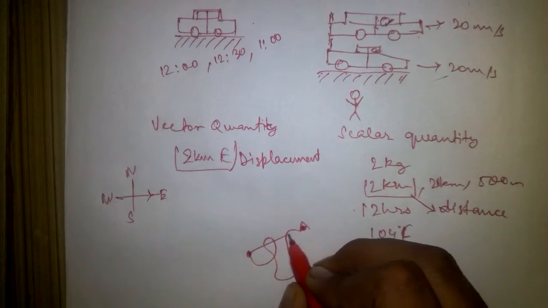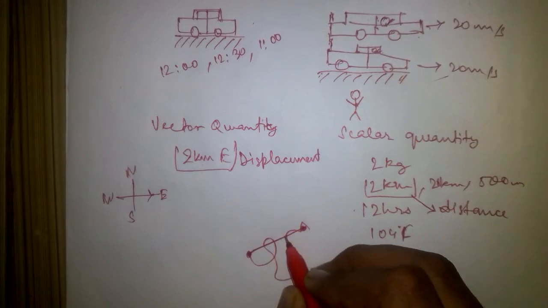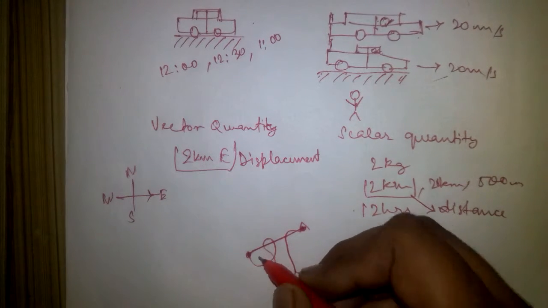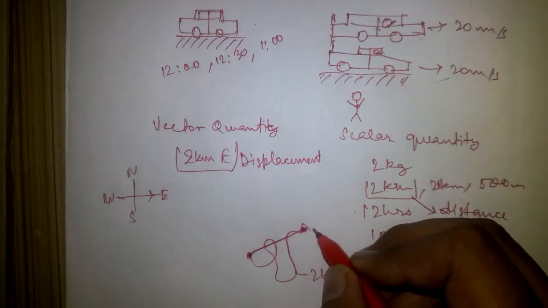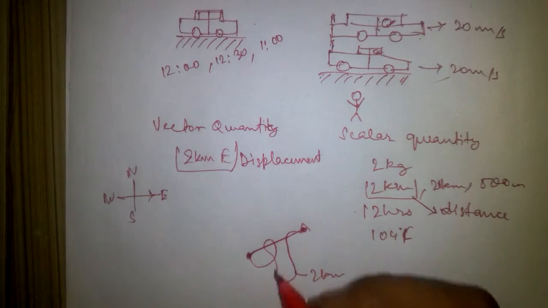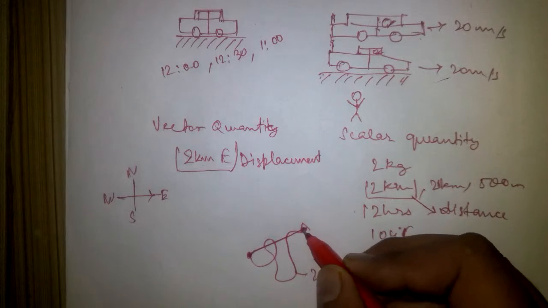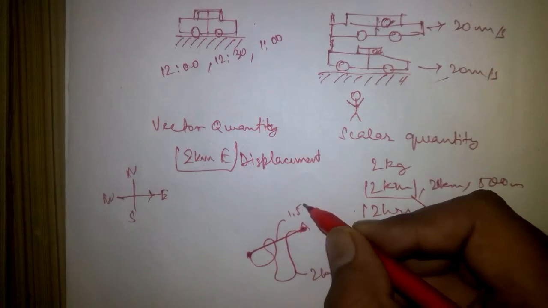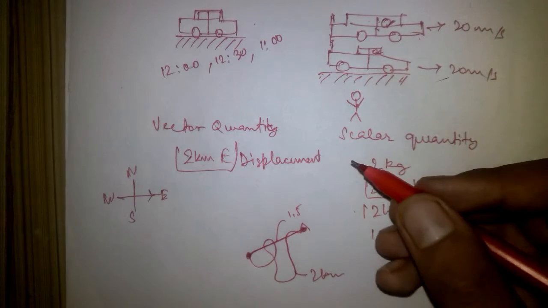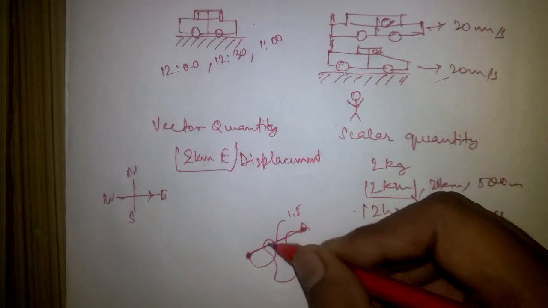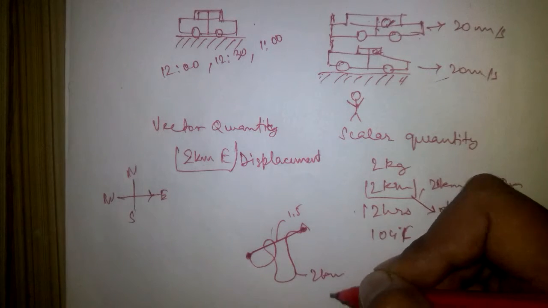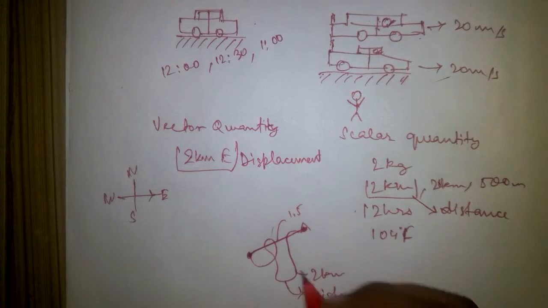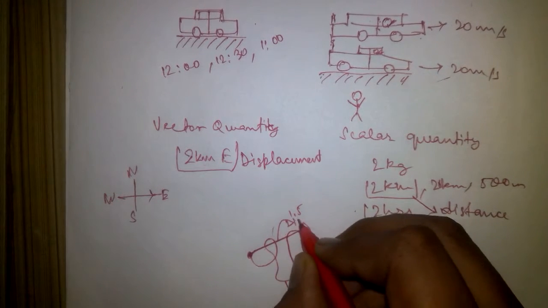And from here to here directly, this is an imaginary path, the direct distance or the shortest distance. Maybe this could be 1.5 or 1 kilometer or 500 meters. So this is called displacement, the shortest distance, whereas the original path traveled is distance. So this is distance and this is displacement.